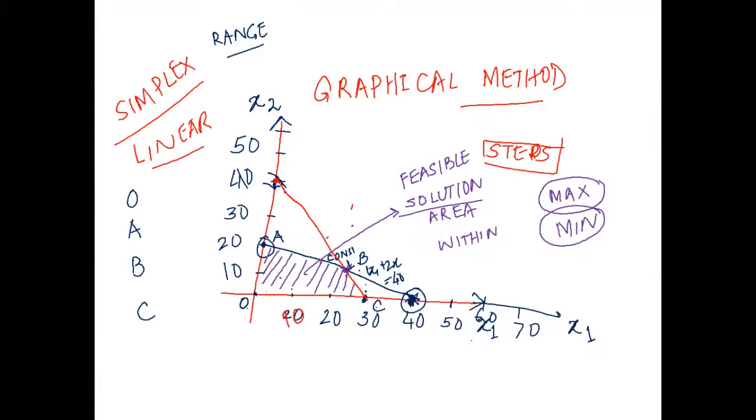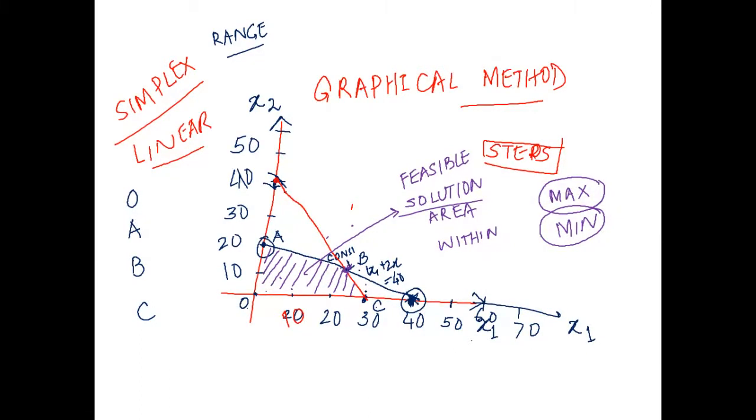Are you understanding clearly? Yes or no? You're getting the point? We have 4 feasible points: O, A, B, C.